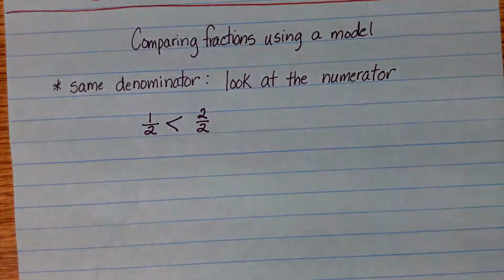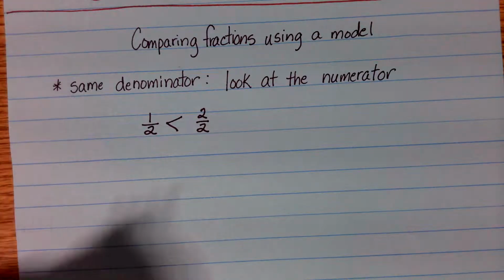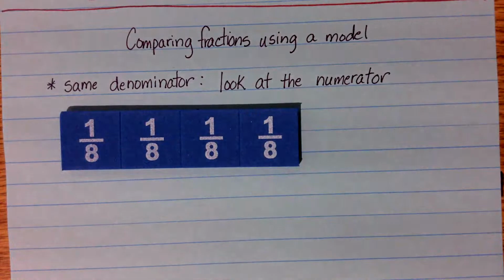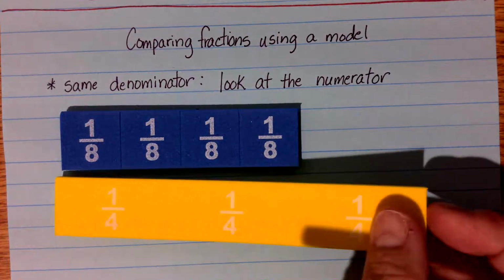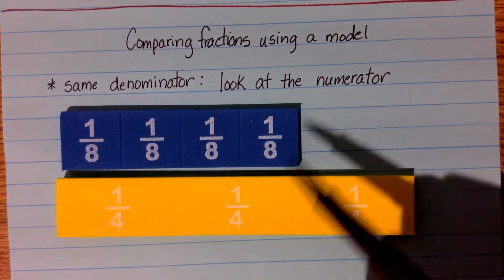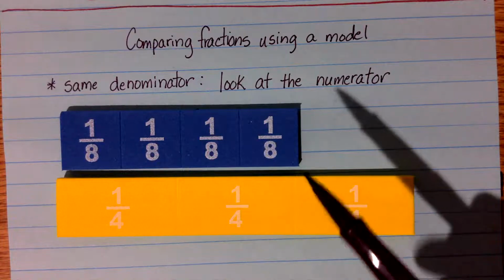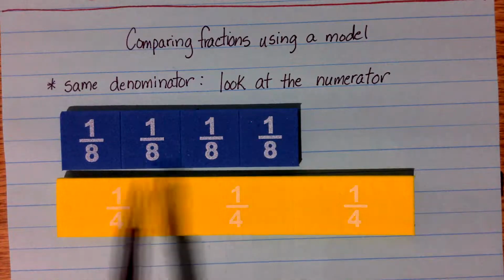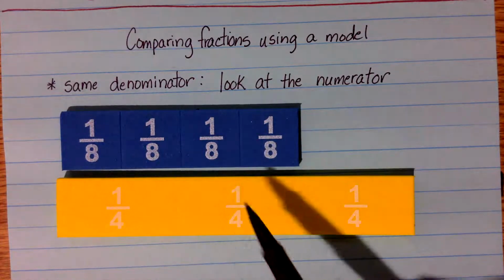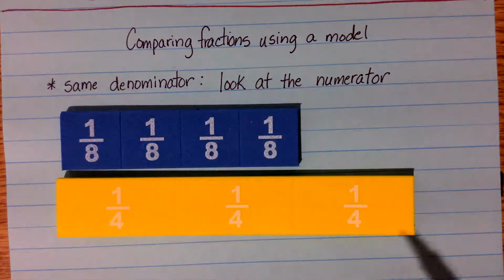So when I have something like 4/8 and I'm comparing it to 3/4, you can see that just because it's an eighth doesn't mean that my fraction is going to be larger. I actually have to look at the fact that these pieces are smaller and these pieces are larger.